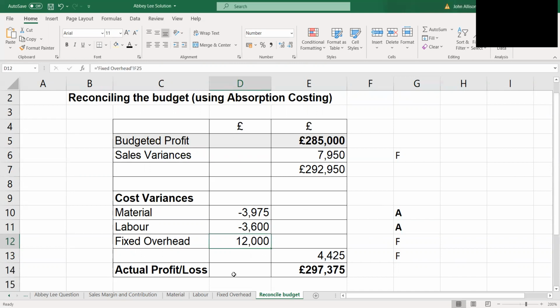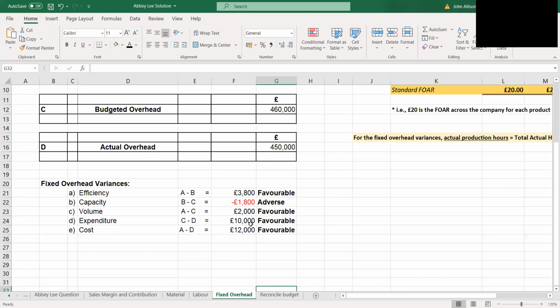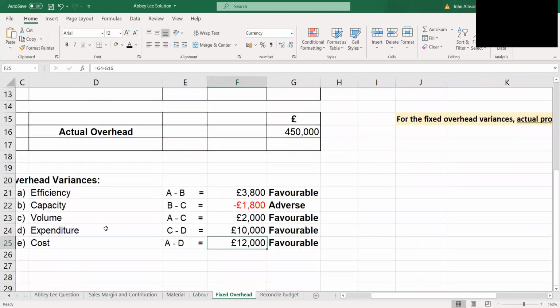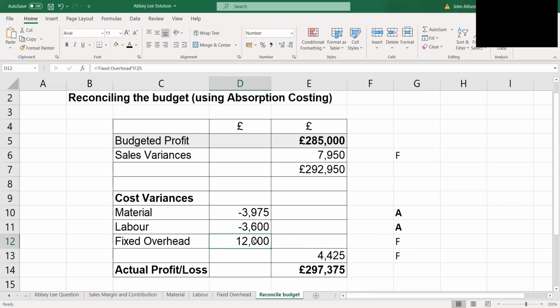Then we add in the fixed overhead variance as the final one. So the fixed overhead variance was £12,000 favourable. That means we've spent £12,000 less on fixed overheads than we thought we were going to. So I'll stick £12,000 in there, and I'll put a letter F at the side just to remind me this is favourable. I'll add these together.